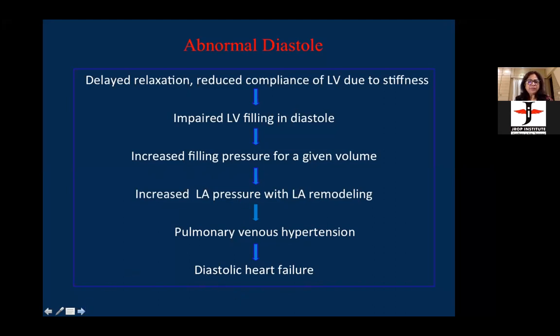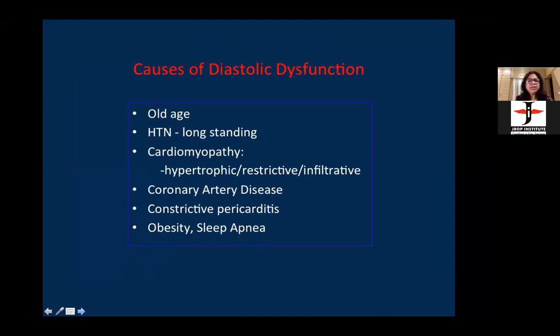So after having this knowledge, let us see what are the causes of diastolic dysfunction. If you look at this chart, old age tops the list. It is at the top of the list. You must be knowing that there are certain changes in the heart and the vascular system which are associated with old age.